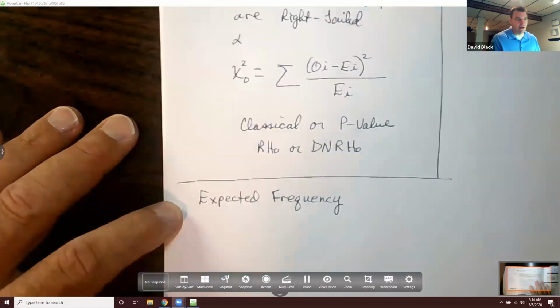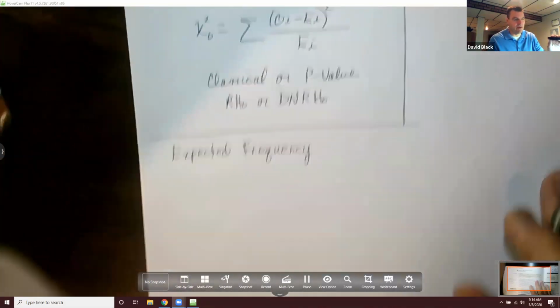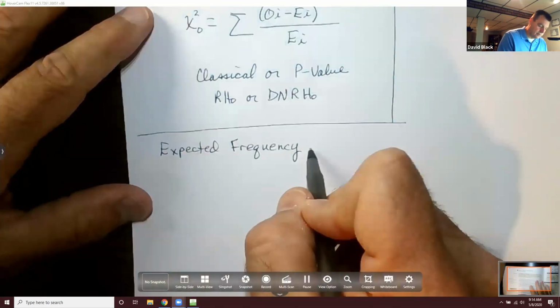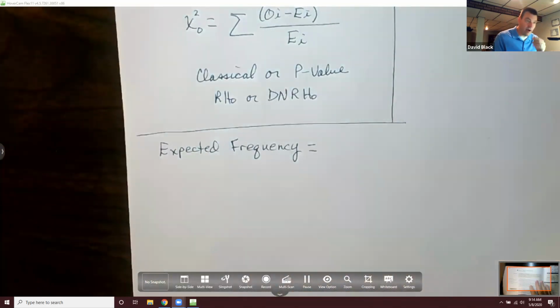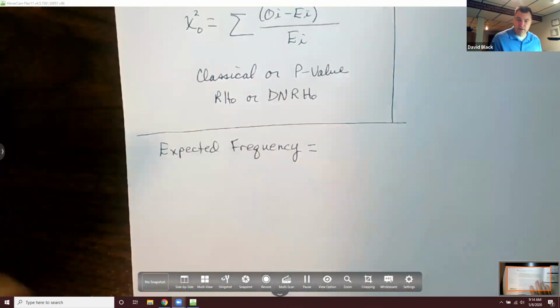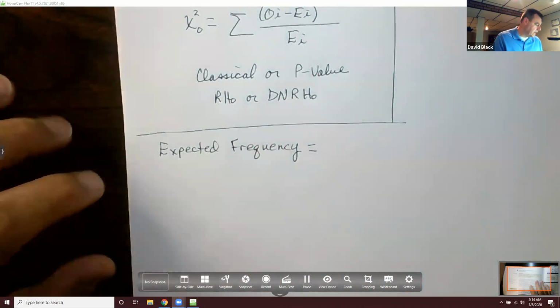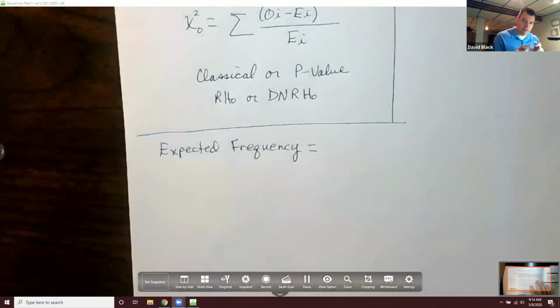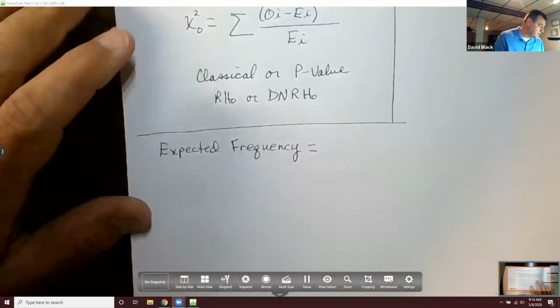And it gives us a formula. Sometimes I talk you through where this formula comes from. I think today I'm just going to give you the formula, okay? But there's a good discussion about why this formula is what it is in your textbook if you're interested in that. But to find the expected frequency for each cell, we'll talk about what a cell is.